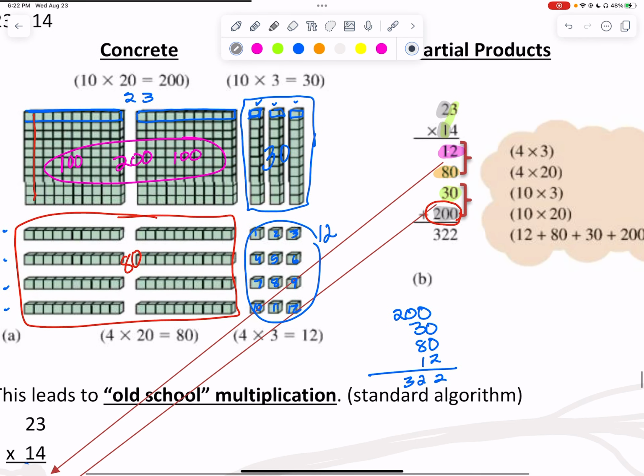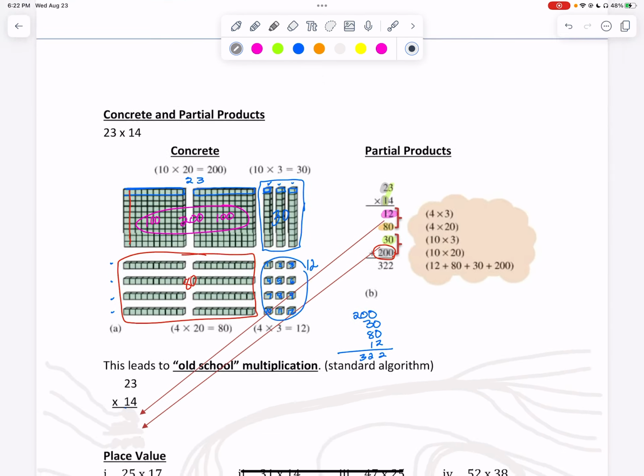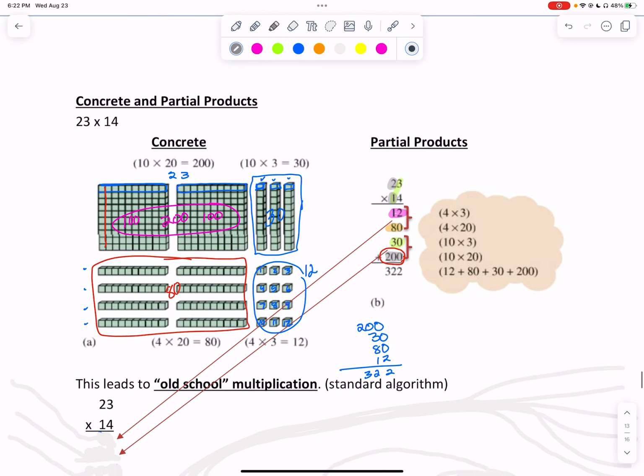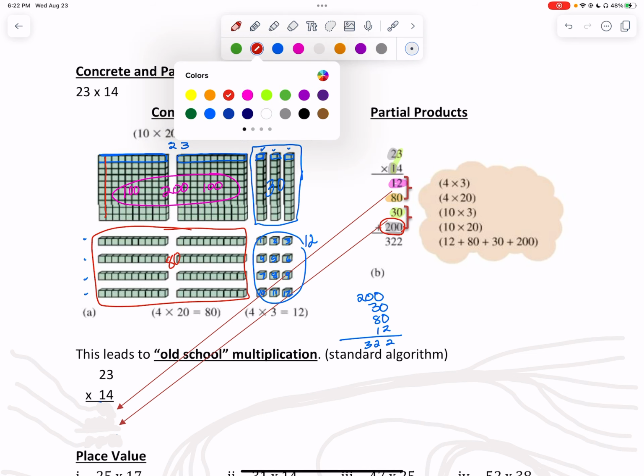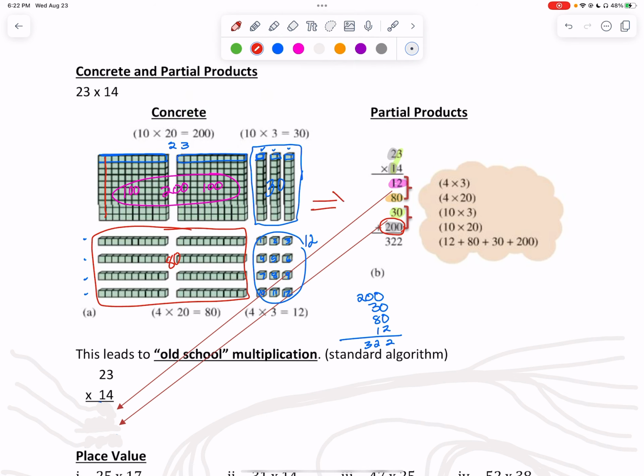So these partial products, which we also can call place value, multiply using place value, directly come from this concrete model. You could take this concrete model and have them work multiple problems, and then they take the concrete and move it to partial products.